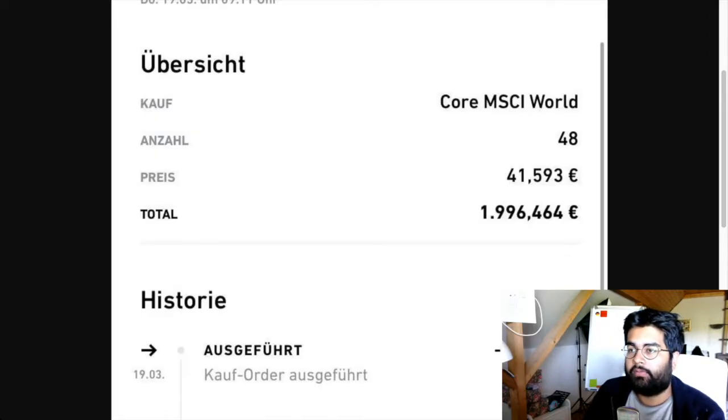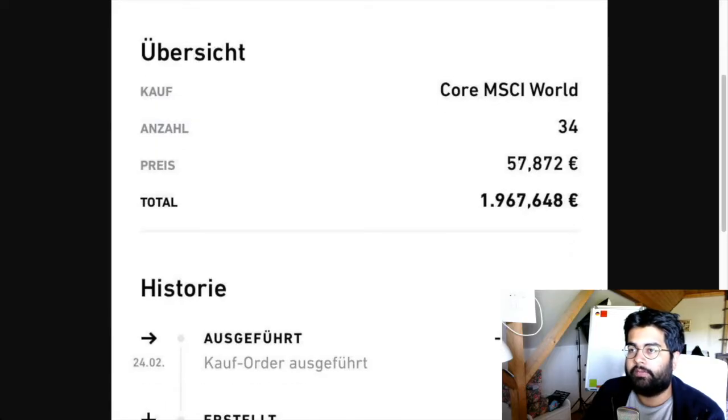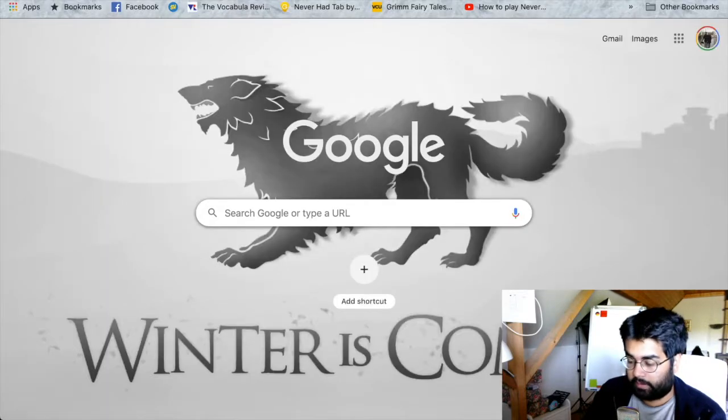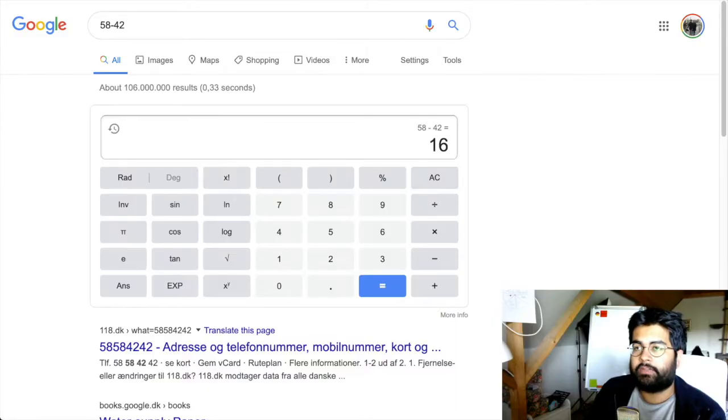Let's say you have 41.59 and here it was 57.87. Let's make it 42 and 58. For the difference, 58 minus 42, so 16. So these 48 stocks were bought at a difference of 16 euros less.